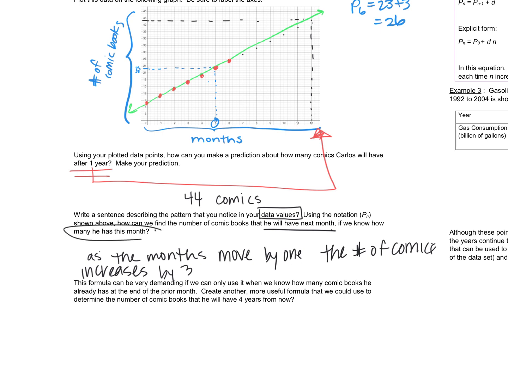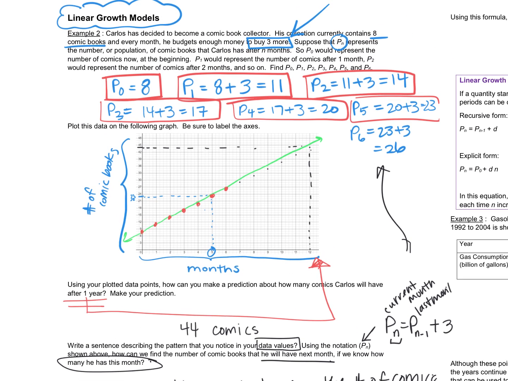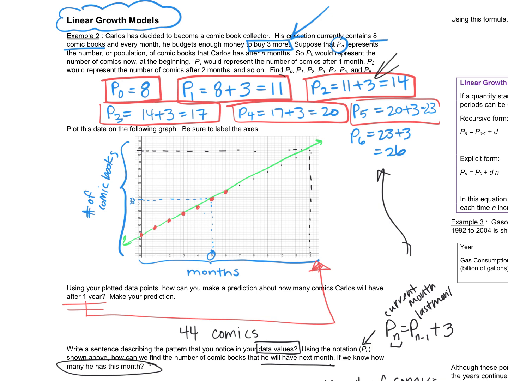Using this notation, P sub n, we could look at the month before and then add 3 to it. To represent the month before, if we're talking about the nth one, the one right before would be n minus 1. So this is our current month, and this is last month's, which is what we did up here. We just added 3 every time to the one that was right before it.